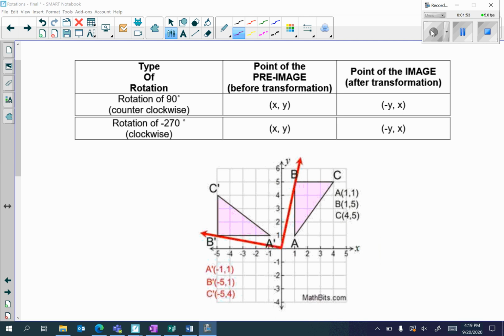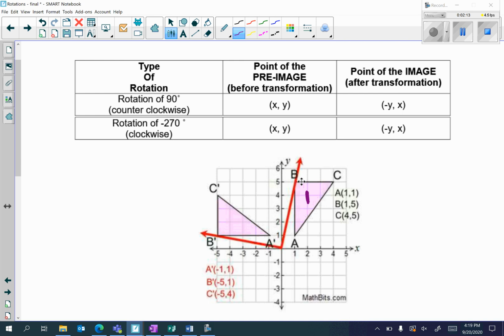Let's take a look at the first type of rotation. We have a rotation of 90 degrees counterclockwise. The pre-image is before the transformation. So in the diagram, triangle ABC is the pre-image, and I'm going to label that with a 1.